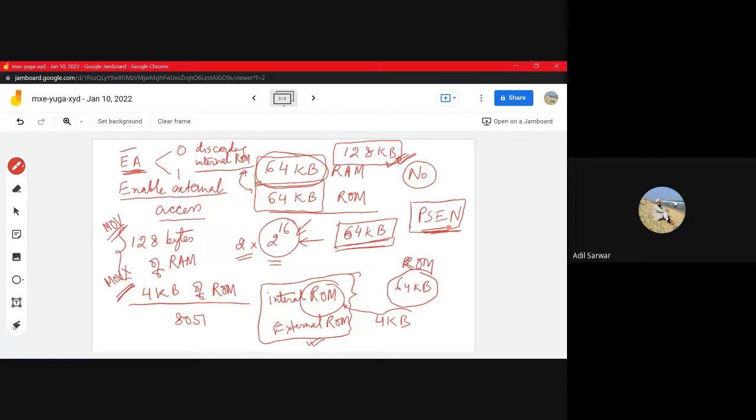Since both have the same address range, 0000H to FFFFH, which makes it 64 KB, this does not lead to any confusion because there are separate control signals for external RAM and external ROM. RD bar and WR bar are control signals for external RAM, while PSEN is the read signal for external ROM. I hope you understand this difference, and it would be much more clear when we do programming.